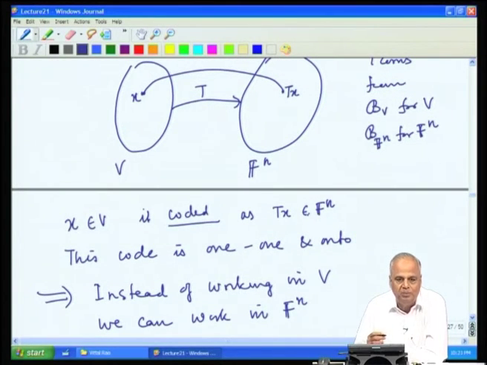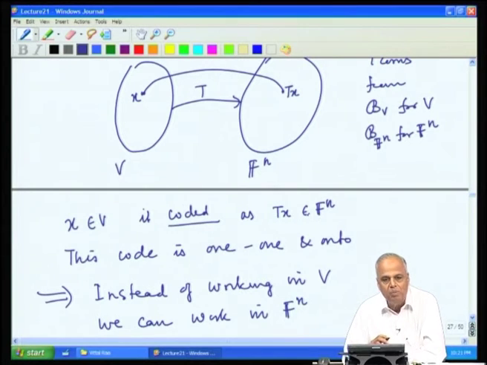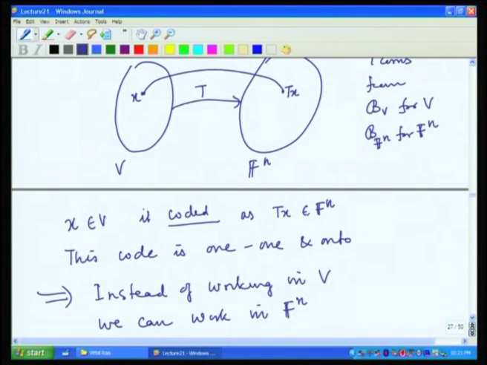Whatever problem is in V, it can be translated to a problem in F^n, and once we have solved the problem in F^n, the answer can be translated back to the language of V. Why can we translate back?